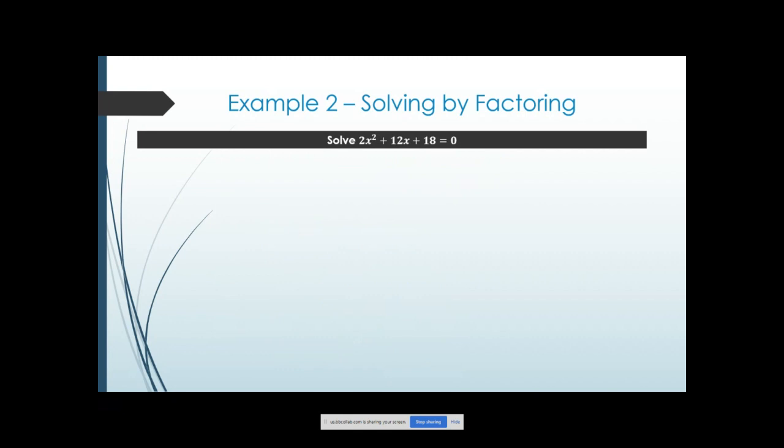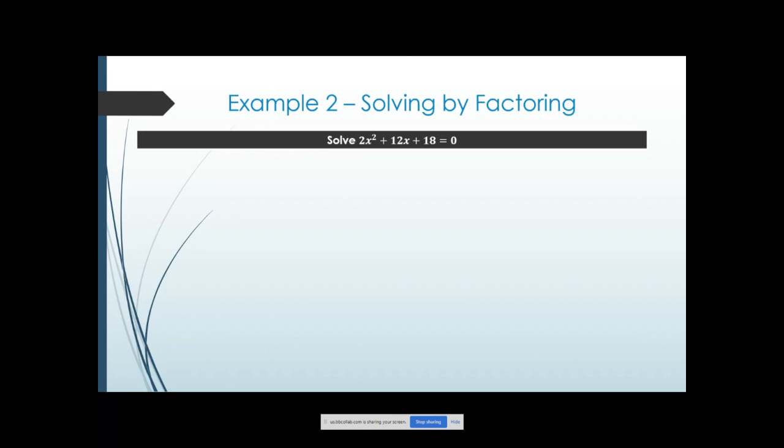Okay, so let's take a look at my second example here. This one is also in standard form. If you get something that's not in standard form, you just have to follow the steps to distribute and then move everything on one side. So I got 2x squared plus 12x plus 18 equals 0.